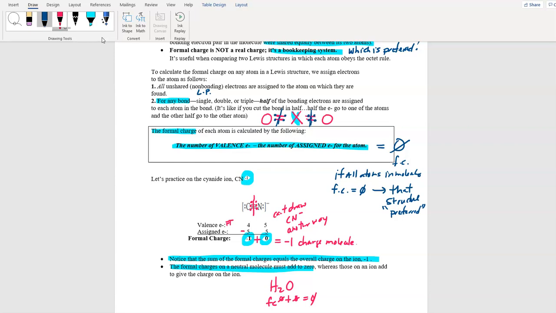Water's probably not the best example because there's no doubles or triple bonds in it. So, very key fact, you would only be doing this calculation if you have what's called multiple bonds. And I mean you actually see doubles or triple bonds.